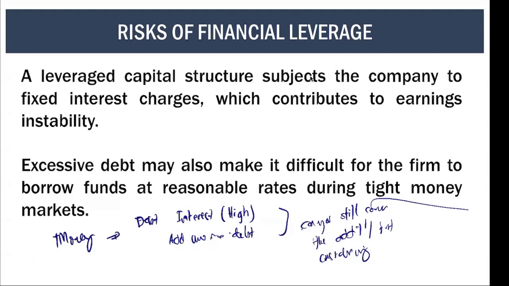So if the government only approves up to 10,000 shares and you already issued all of those shares, the next that you could raise is your debt. What if you have high debt already? Can you add more debt? I don't think so, because you have now a problem whether you could cover the interest on that additional debt, especially when your cash flows are not that great.